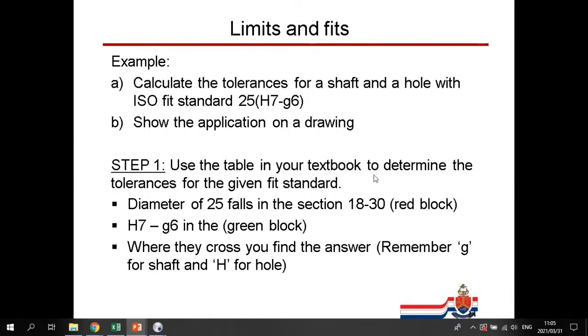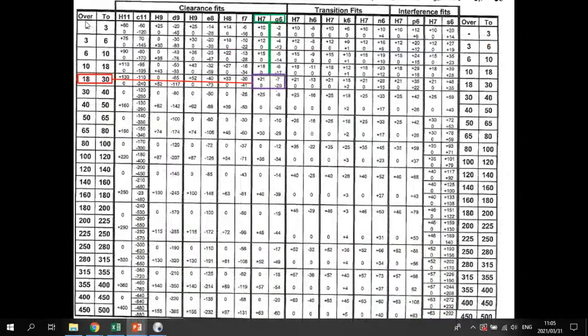So the first step is to determine the tolerance values for the given fit standard. First we look at the diameter, the 25. So on the left hand side we have the sizes from 0 to 3, bigger than 3 up to 6. So this is including that is bigger than 10 up to 18, bigger than 18 up to 30.